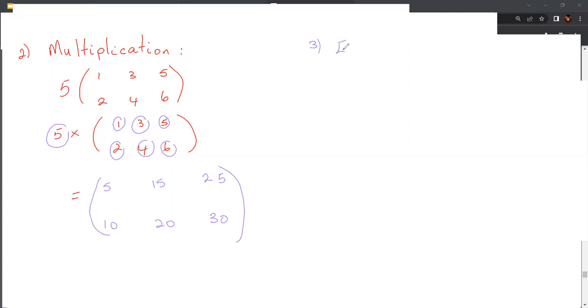Next, you have to know about equal matrices, where if matrices are equal to each other, let's say A, B, C, D is equal to 1, 2, 5, 6. Corresponding elements are equal.